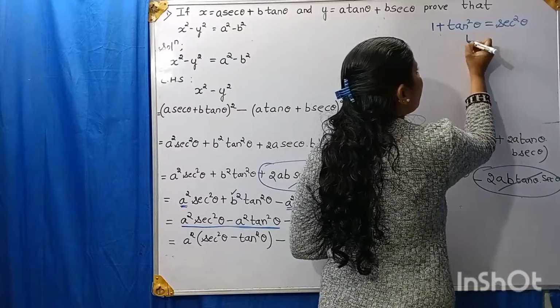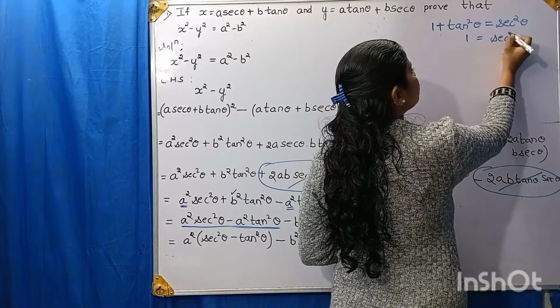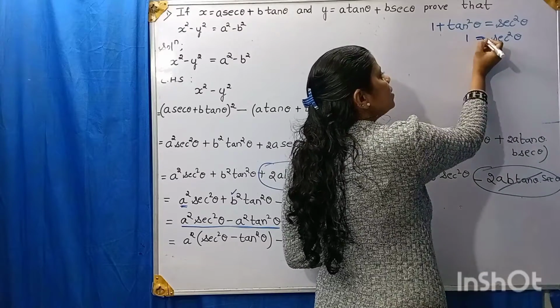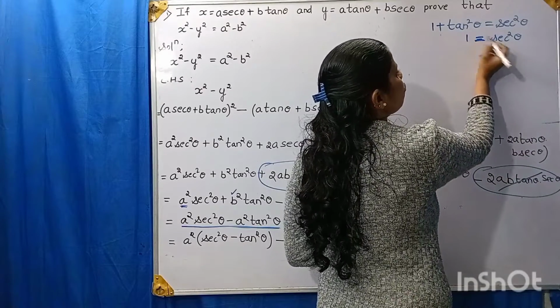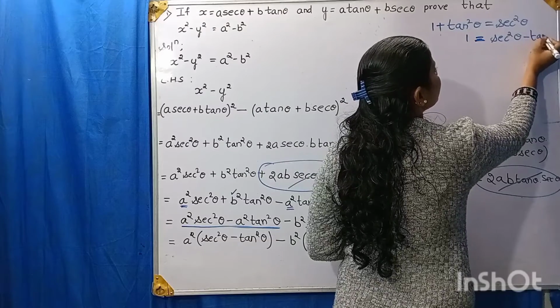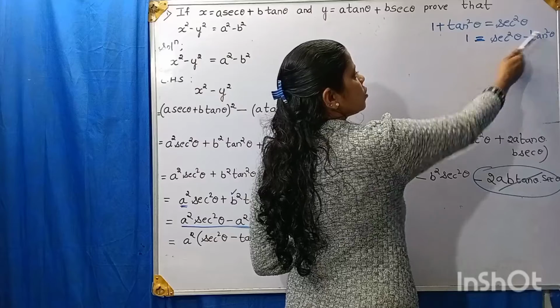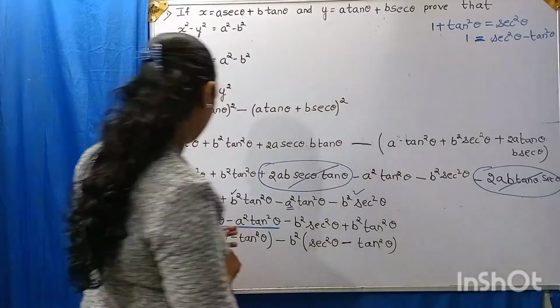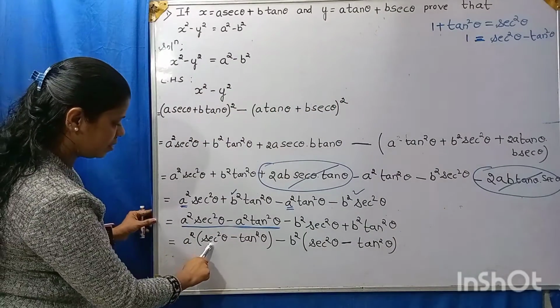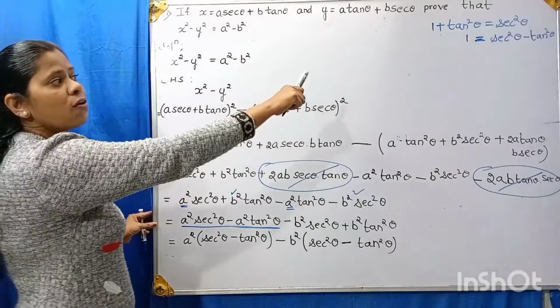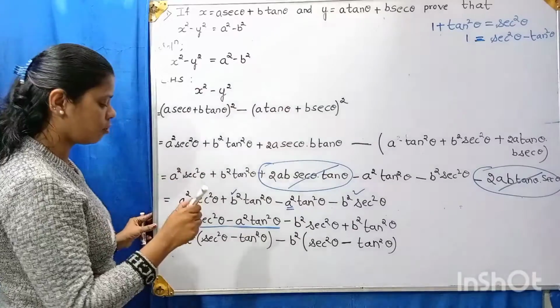Then 1 is equal to secant square theta plus tan square theta; when it crosses the equal sign, it will become minus tan square theta. That is, secant square theta minus tan square theta is what? 1. Therefore, replace here. Secant square theta minus tan square theta, that is what? 1. According to the standard formula of trigonometry.